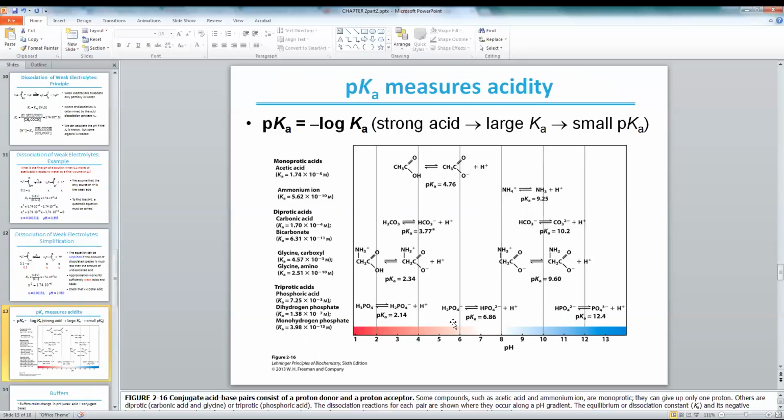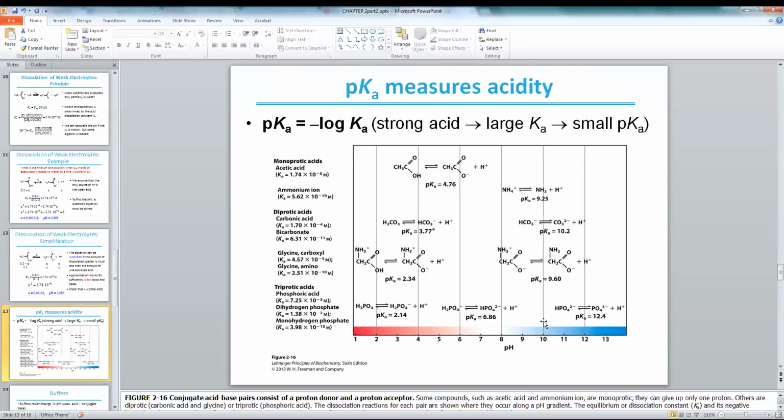This pKa of 6.86 is for the exchange back and forth between H2PO4- and HPO4 2-. And then the third pKa. And so one of the things that you'll notice is that as we start to talk about pKa, you can actually predict the chemical reactivity of these molecules by looking at their equilibrium constants or the logarithmic value of that equilibrium constant, the pKa.